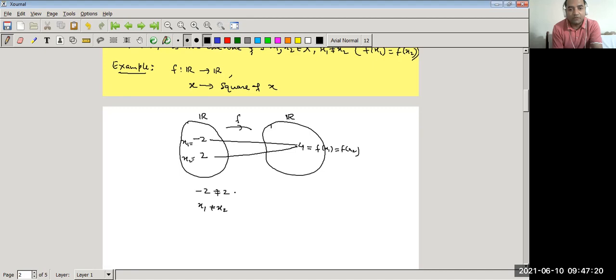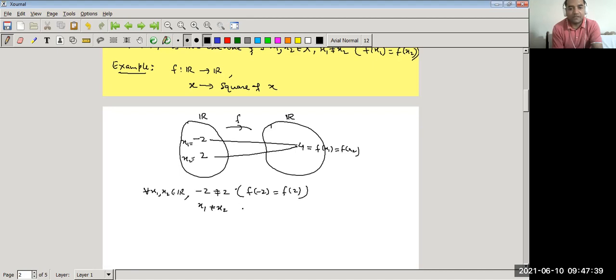So such that x1 is not equal to x2, for all x1, x2 belongs to R with x1 not equal to x2, such that f of -2 is equal to f of 2.